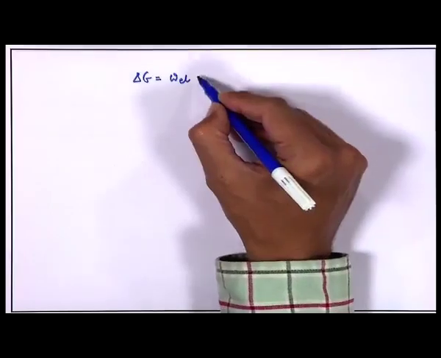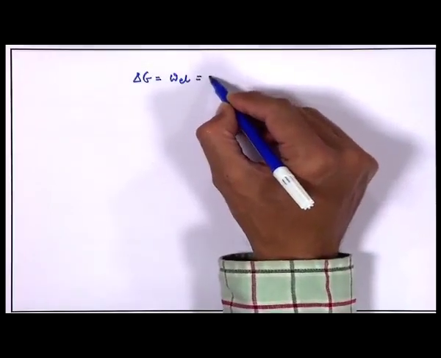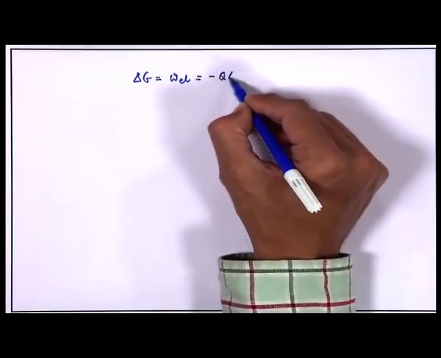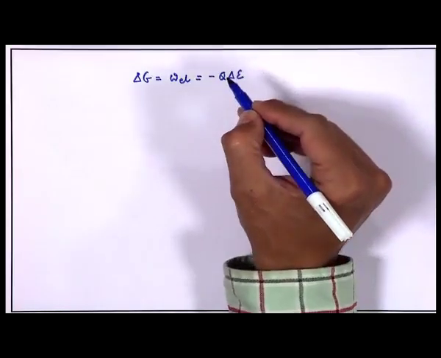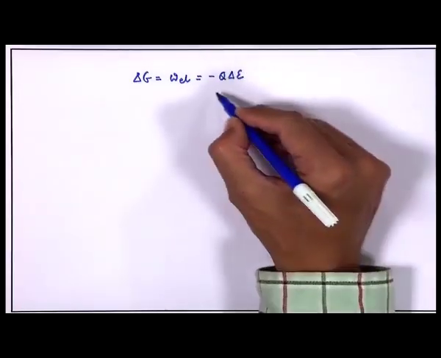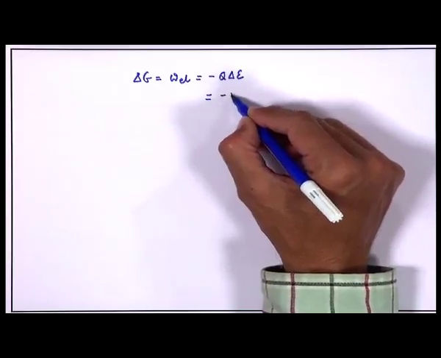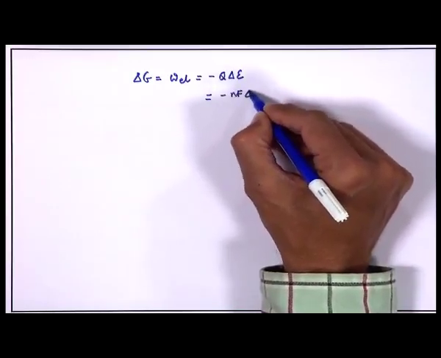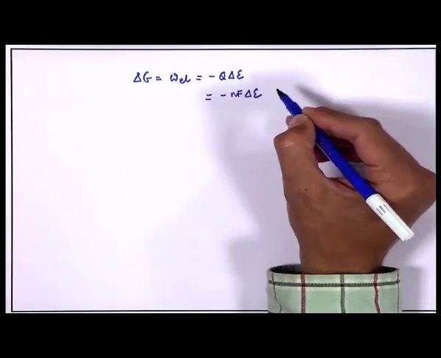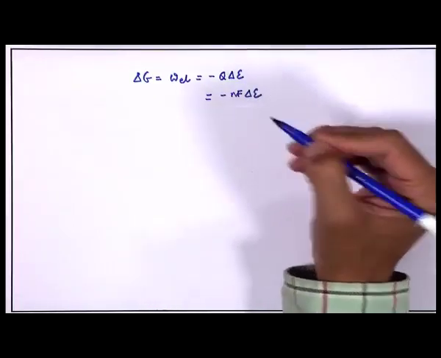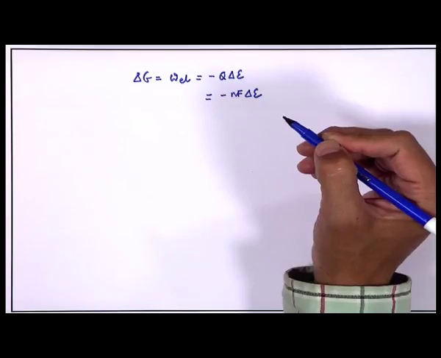And W electrical is equal to minus Q into delta E, and Q delta E is nothing but N F delta E. So, therefore, delta G is equal to minus NFE.